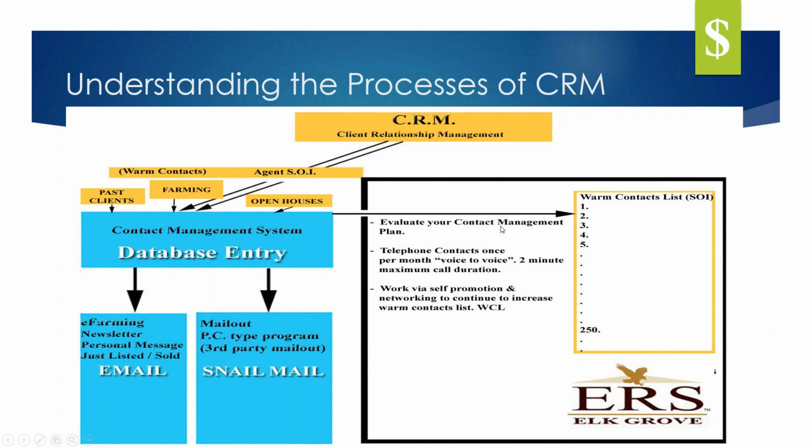So then we come over here, and this is what your database looks like on the inside. You want to evaluate your contact management plan. So again, that's the ABCs, and then as the primary categorization, then your subcategorization. You want to telephone your contacts once a month, and we're going to cover that today, folks, the famed 2-minute phone call, the art of the 2-minute call. You want to talk about work via self-promotion and networking to continue to increase your contacts.